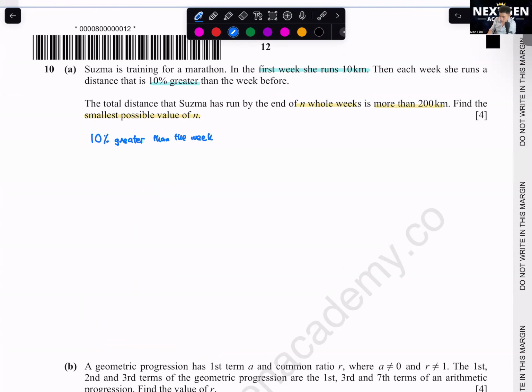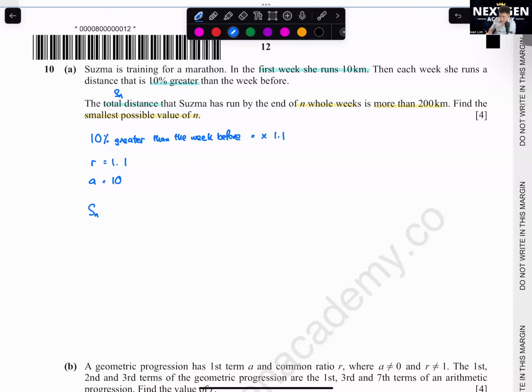That means each week we multiply by 1.1, 10%. So r is equal to 1.1. The a value that they give us is equal to 10. They want us to find the sum, the total distance. This is the keyword here. This is the sum of everything.